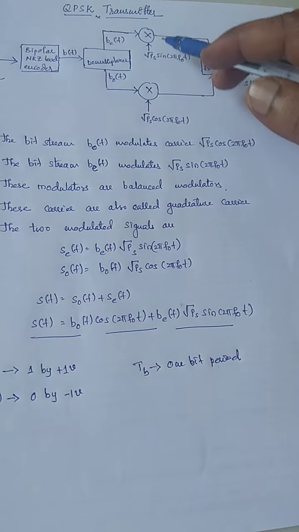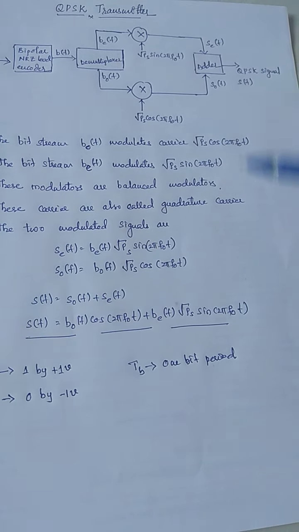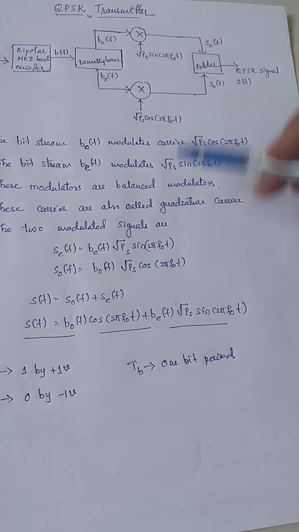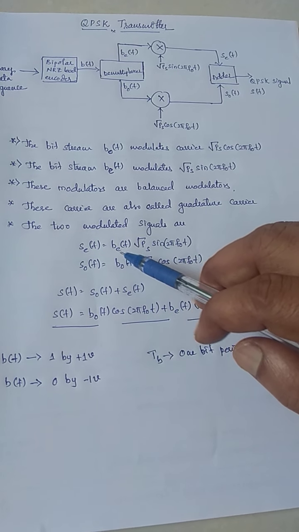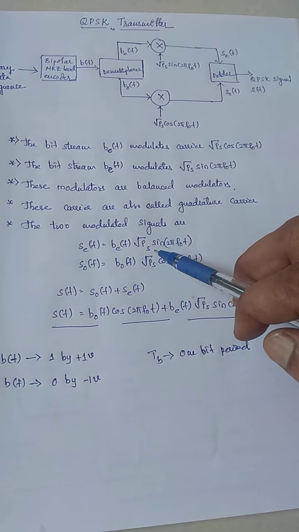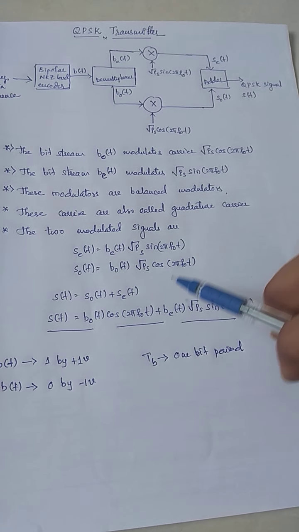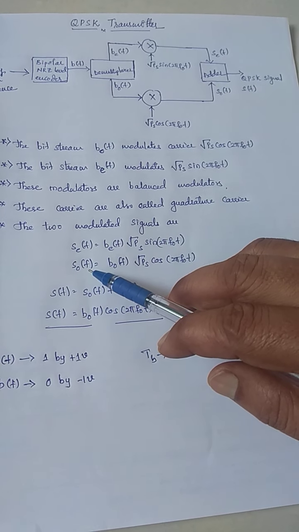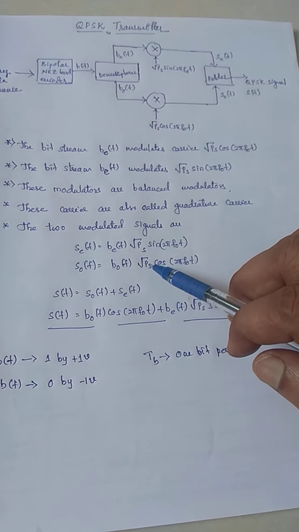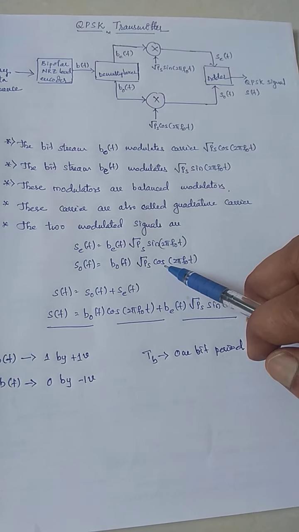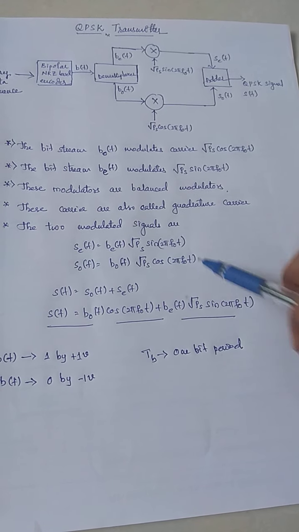After the balanced modulators, the two modulated signals are sE(t) equal to bE(t) square root of Ps sin 2 pi f0 t, and sO(t) equal to bO(t) square root of Ps cos 2 pi f0 t.